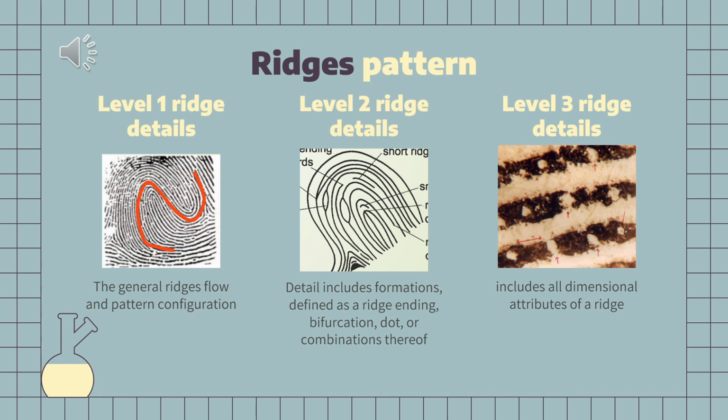The formation of the ridge on our fingerprints is defined as ridge ending, bifurcation, dot, or a combination thereof. Level 3 of the ridge details is more complex and includes all the dimensional attributes of a ridge that can be used to further identify the fingerprint in more detail.